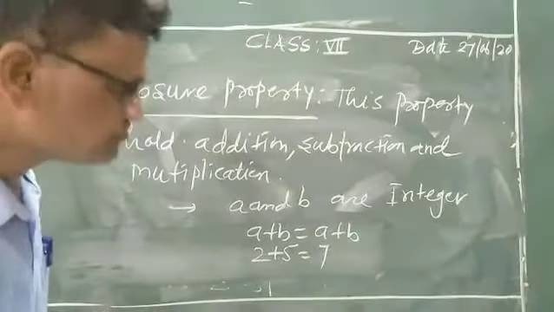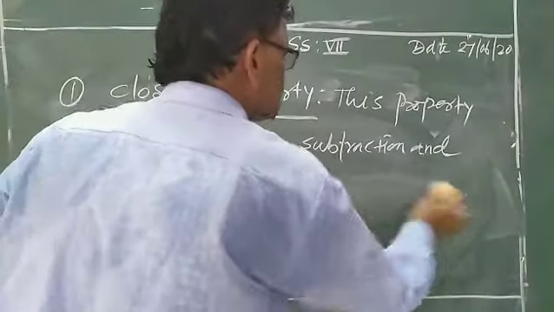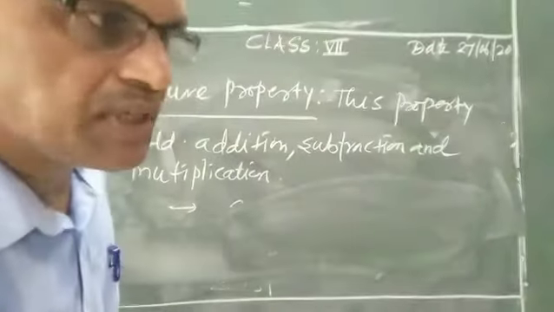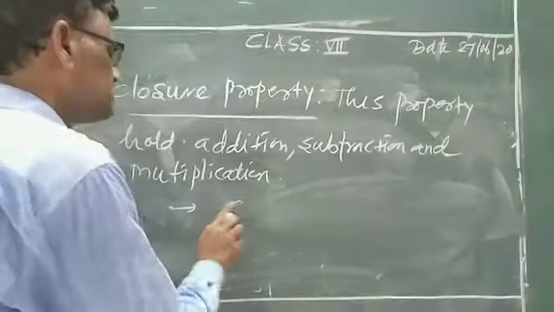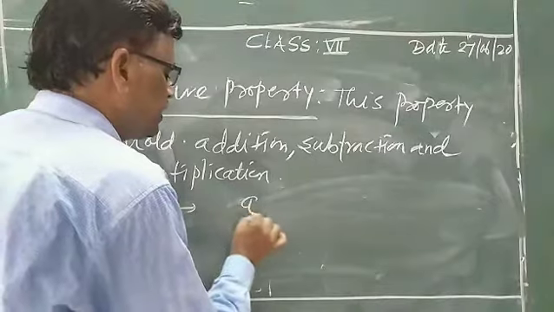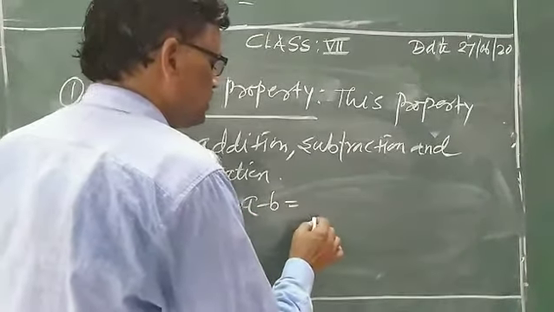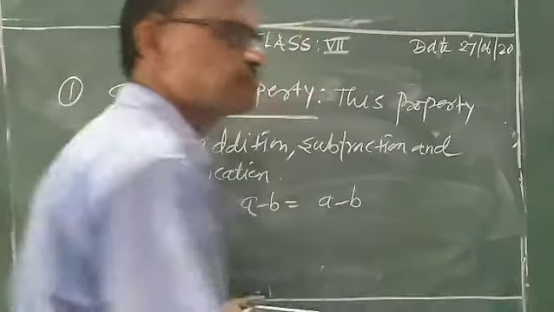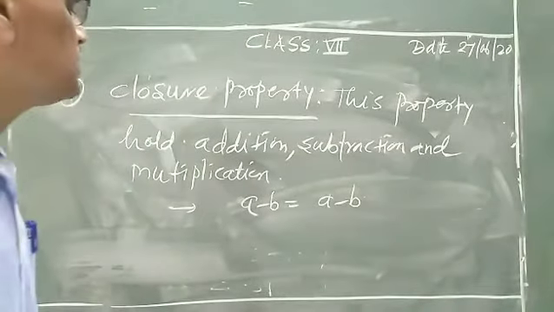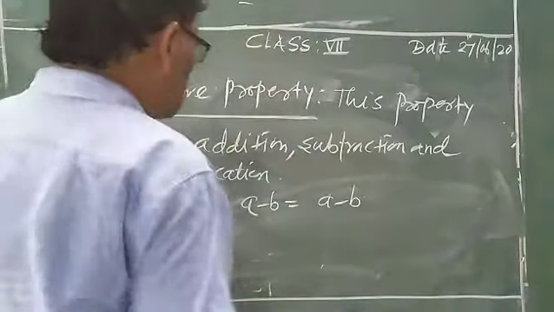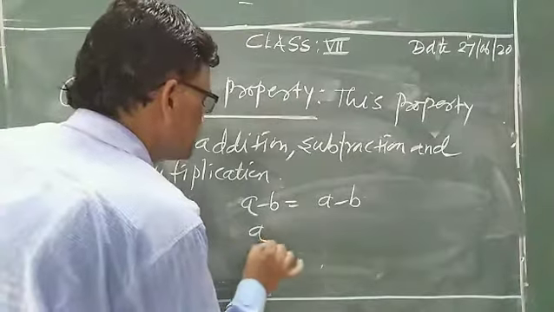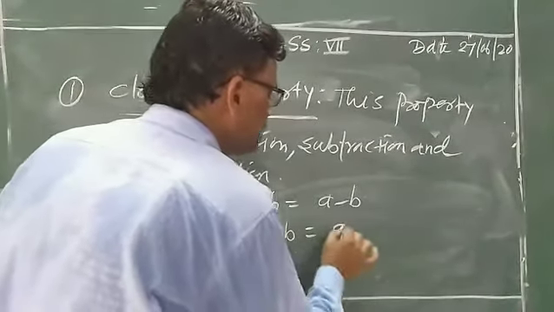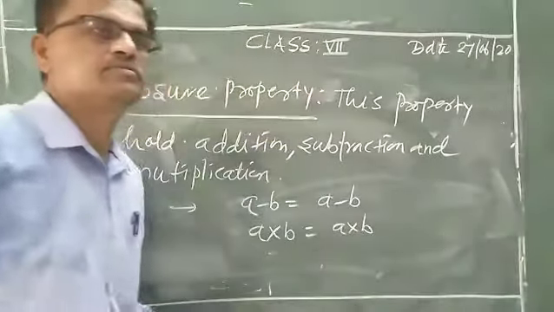Next, when we subtract two integers, we get an integer. A minus B is an integer. If we multiply two integers, that is A into B, again we get an integer.